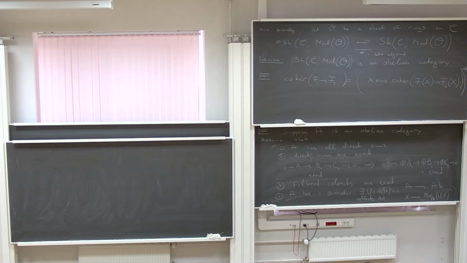So to play with this a little bit, let's think of the category of modules over a ring. What is a generator? The ring itself, considered as a free module, because then this is just the forgetful functor.